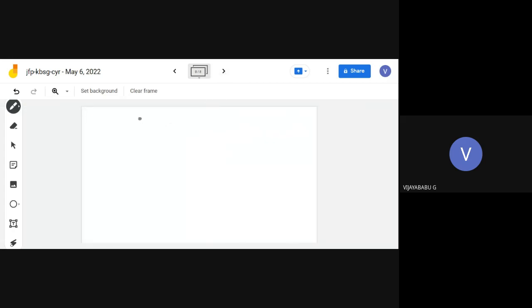Now T(n) = T(square root of n) + 1. That is the recurrence relation here. We can take n equal to 2 power k, because there is a square root.